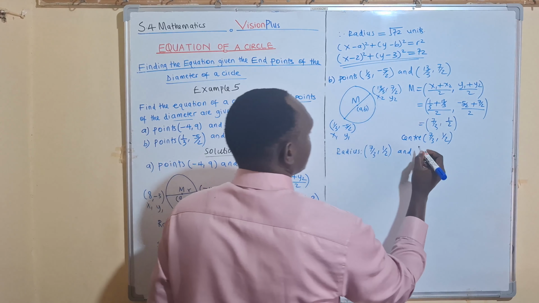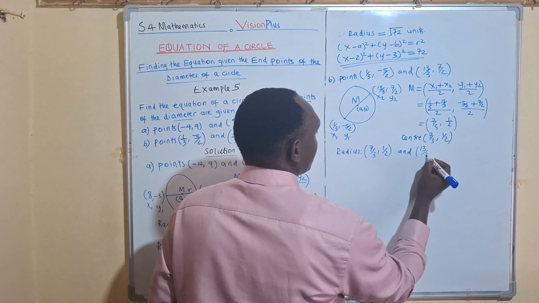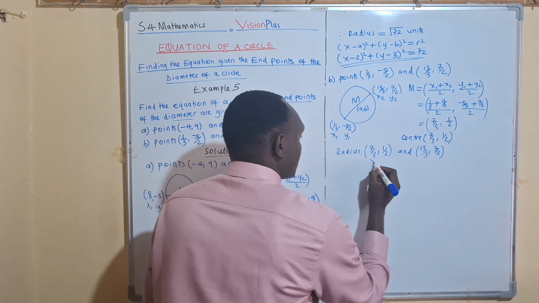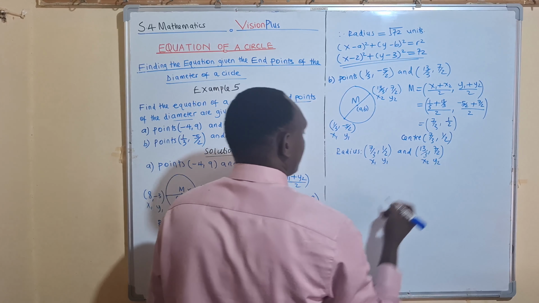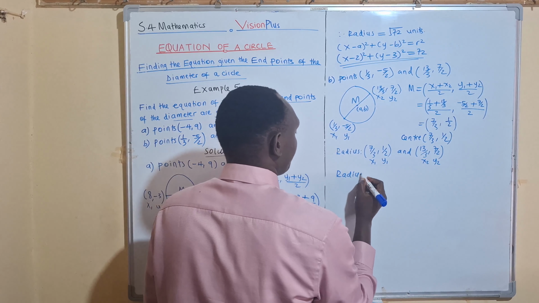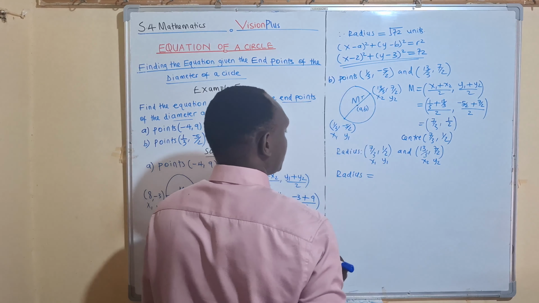Let me use (13/3, 7/2). This becomes my x1, y1, x2, y2. The radius is the distance between these two points, the center and that point.